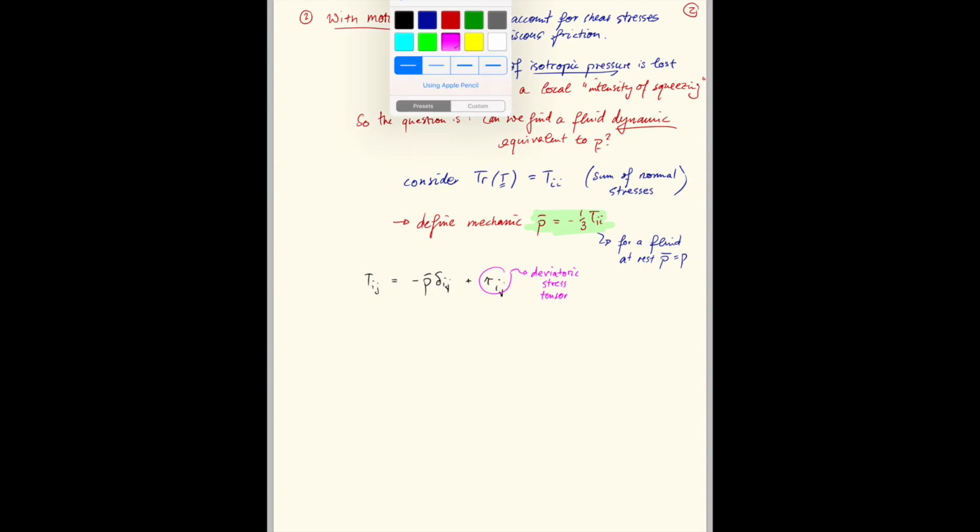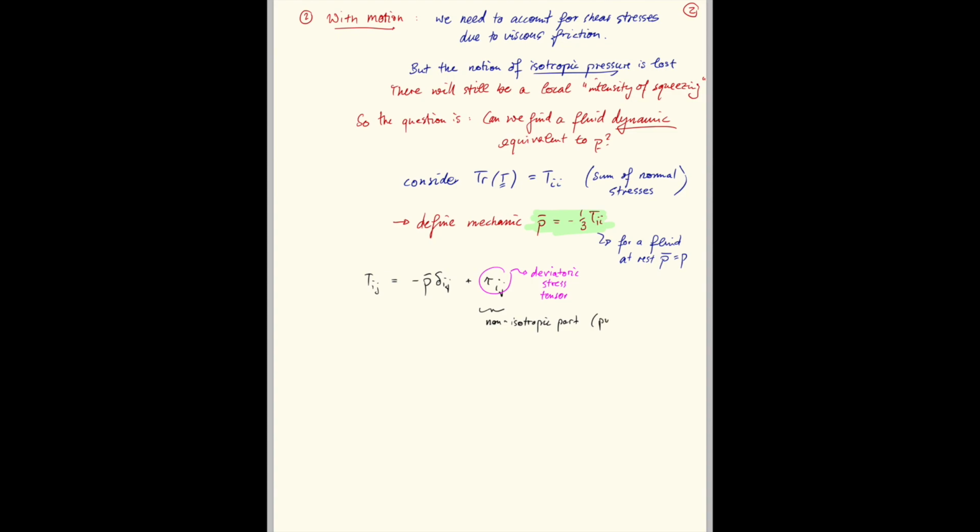So this is the non-isotropic part, and it's the pure shear part. So the trace tau ii is 0, and this here is the isotropic component.